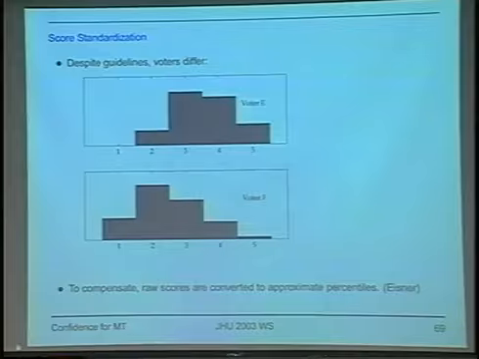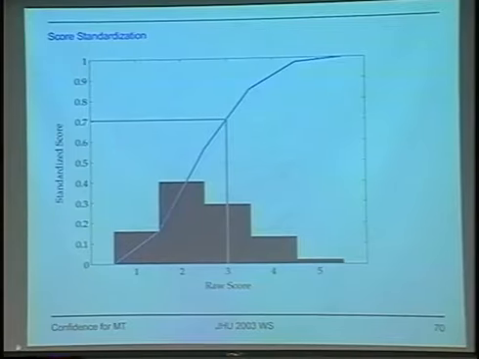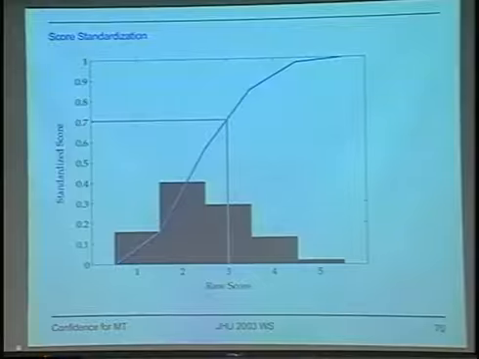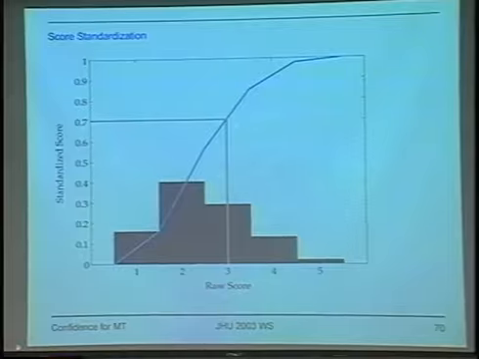So to compensate for this effect, we converted the scores to approximate percentiles. This is how we did it. We take the histogram, and we plot this light blue line, which is an approximate cumulative distribution. And then we take a 3, which converts to a 0.7 in this case.